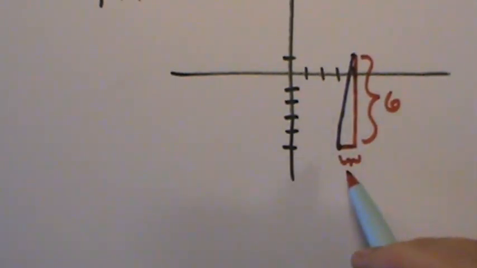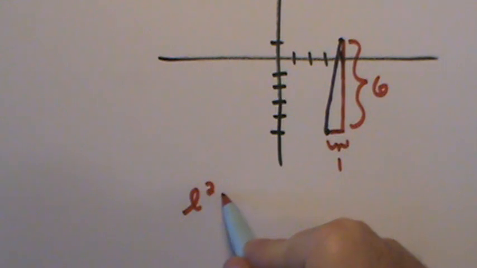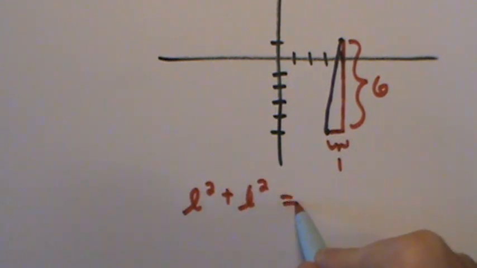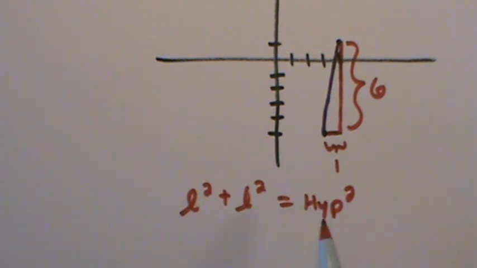So I've got my 2 legs, and I am basically using the Pythagorean theorem. So you're looking at leg squared plus leg squared equals the hypotenuse squared. The only difference is this formula will change just by the way it looks, really. I'm going to take these values and I'm going to say that my distance is equal to, if I wanted just the hypotenuse, not the hypotenuse squared, I'd have to root it.